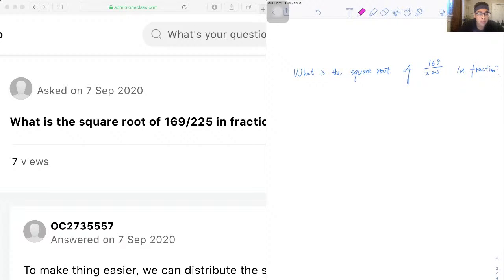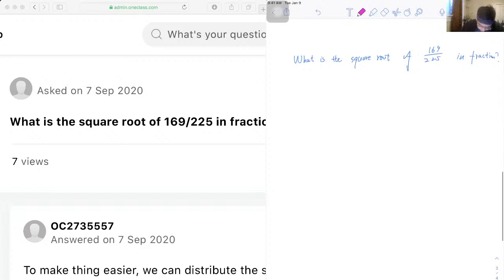All right, so to make this easier, we can distribute the square root to the numerator and denominator. Then we take the square root of 169 and 225. Okay, so let's do that.